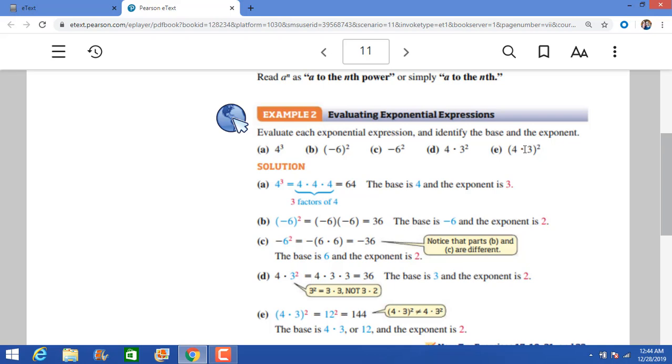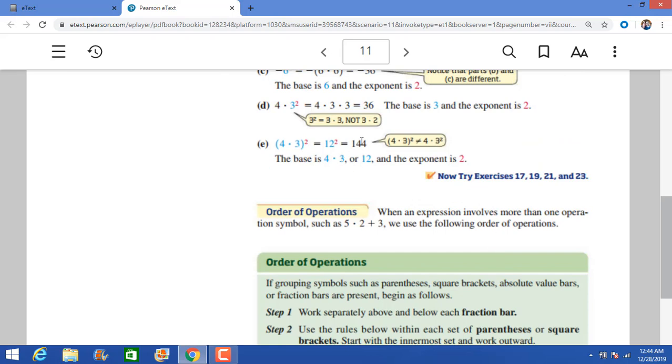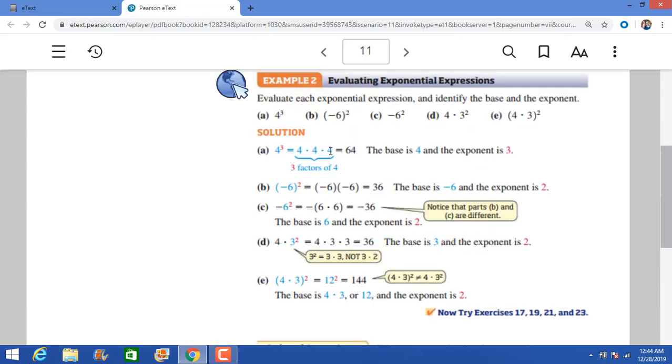So it's 4 times 3 times 4 times 3, which is 16 times 9, which gives us 144, or 12 squared, which is 144. So either way, remember the parentheses: we can simplify inside the parentheses, remembering the order of operations. We could use the definition of powers, or do what's inside the parentheses first, which would give us 12, and then 12 squared is 144.